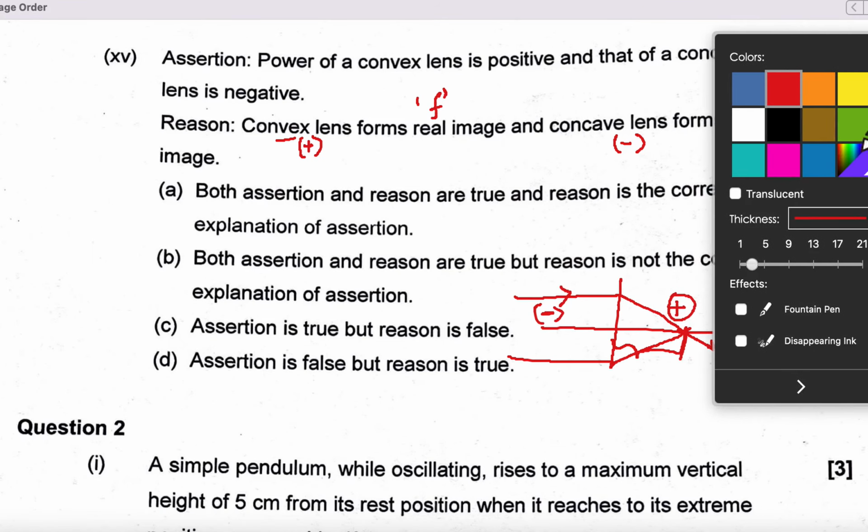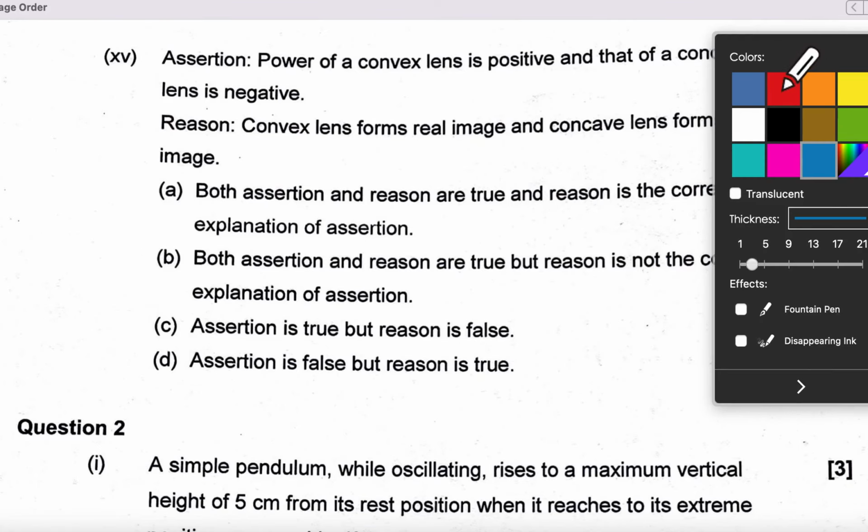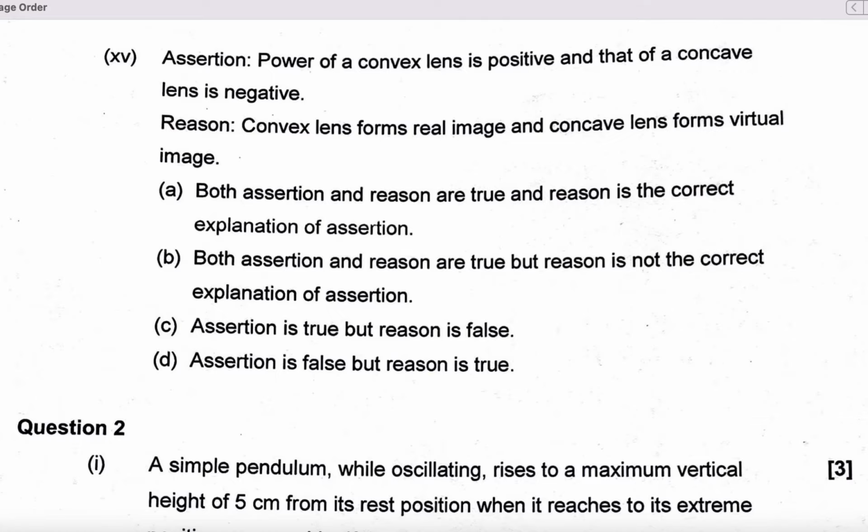If this was the concave lens, it would have gone this way, and if we produce this backwards, then we will get the focal length on the negative side, and power is equal to 1 upon f. So if focal length is negative, power will be negative, correct? So it is not because of real and virtual image. So what is our correct option? C. Assertion is true but reason is false.